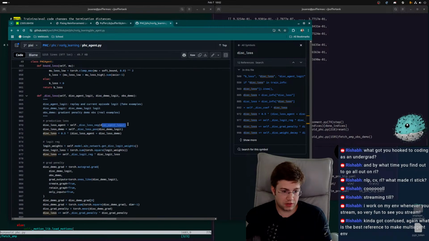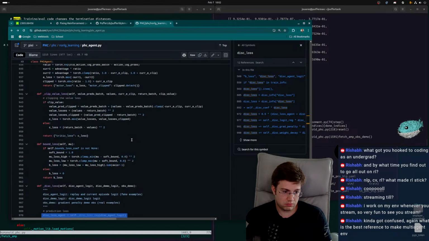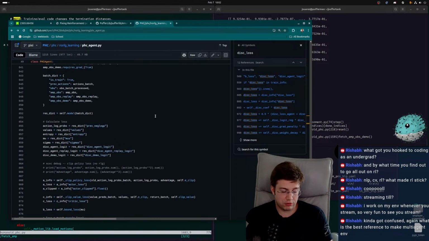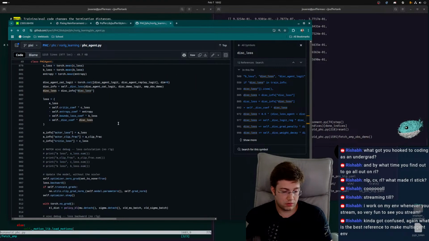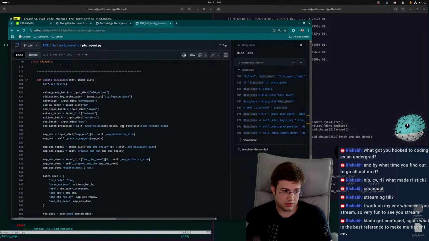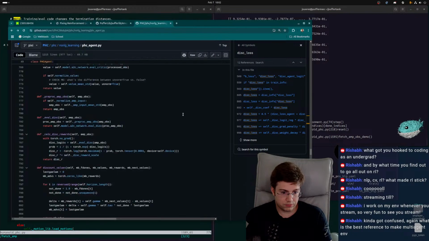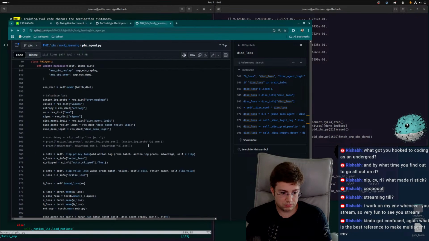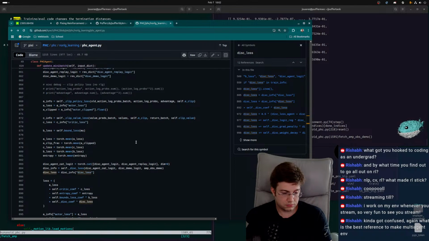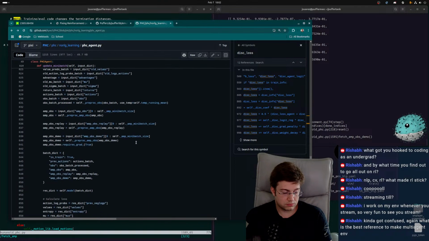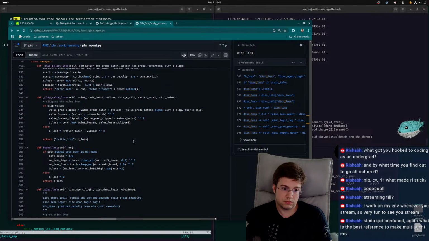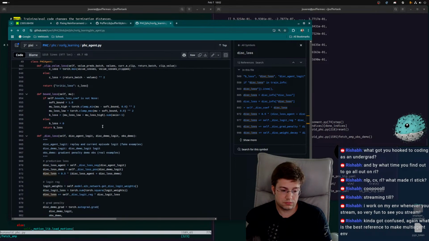The loss here is just agent logit, demo logit, and then this thing. So I implemented this portion here. The only thing I don't have is the replay logic because I don't know what it is. I don't know what the fake sample is. Is it the previous sample? Is that what it is?